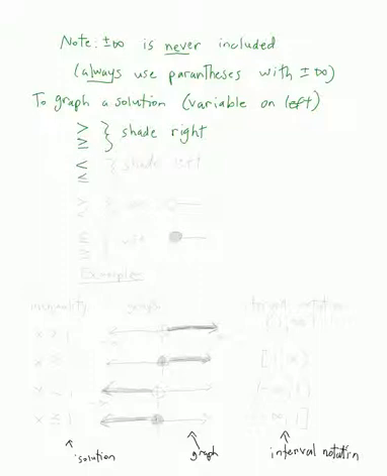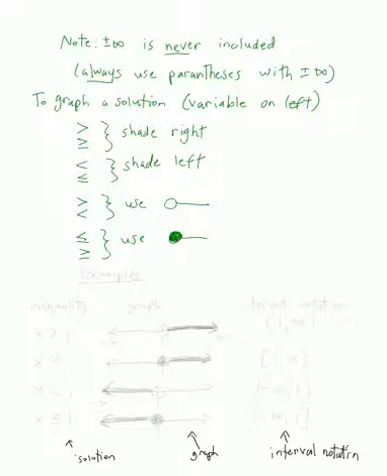And if you have less than or equal to, this means that you shade to the left. Also, if you have greater than or less than, it means you do not include the endpoints, so we use an open circle. But if you have less than or equal to or greater than or equal to, we use a closed circle.